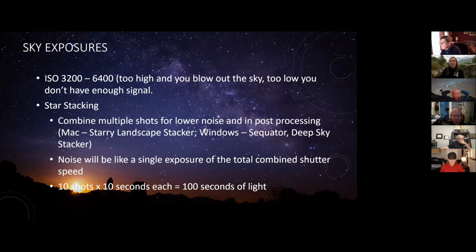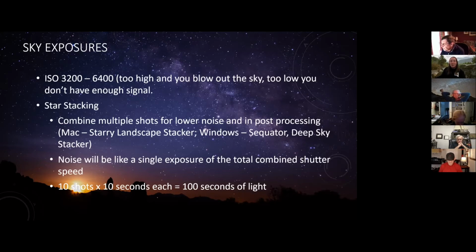Star stacking is combining multiple shots for lower noise in post-processing. Those would be processed on a Mac with Starry Landscape Stacker, and on Windows with Sequator or Deep Sky Stacker. When Mike gives his talk, he has to use this. He's taking 76 photos and stacking them, so he can answer questions on that.